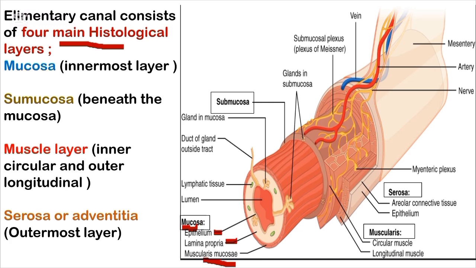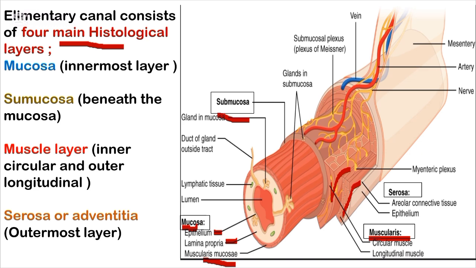Deep to mucosa is submucosa, and it contains blood vessels, nerves, Meissner plexus, and glands. Deep to submucosa is the muscle layer, that is also known as muscularis. The muscle layer has further two layers made up of smooth muscles that are the inner circular muscle layer and the outer longitudinal muscle layer.